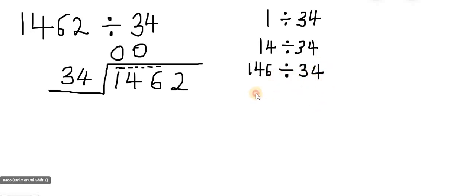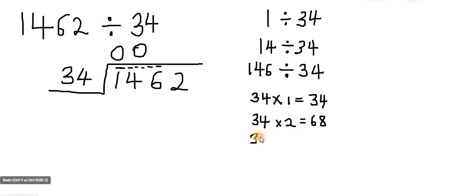Create a multiplication table for 34. Times 1 is 34. 34 times 2. Add another 34, 68. 34 times 3. Add another 34.